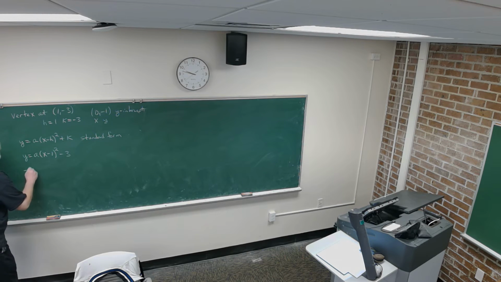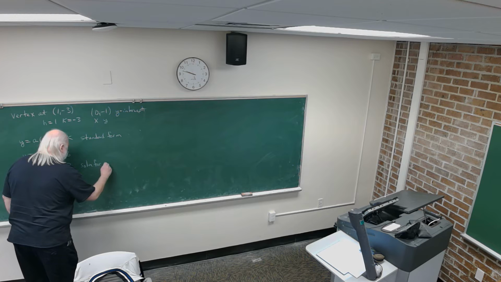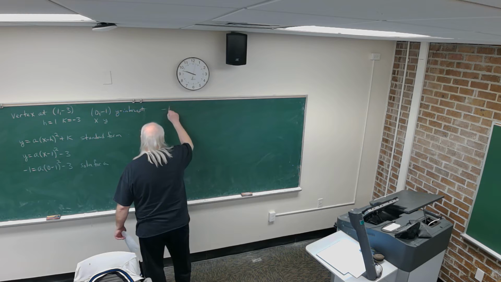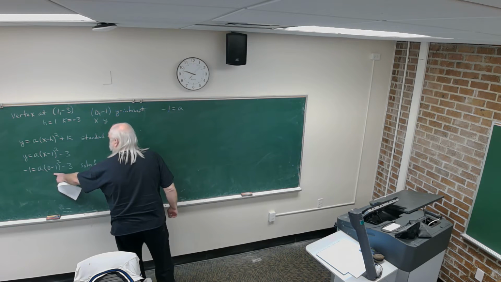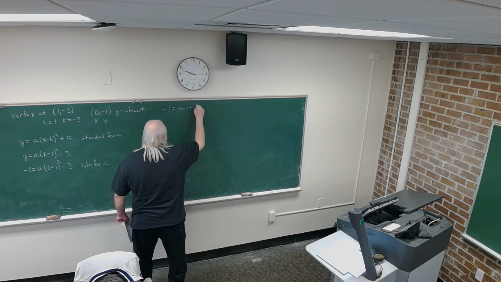So we have minus 1 is equal to a times 0 minus 1 squared minus 3. Now you guys solve for a. So on the right-hand side, in parentheses 0 minus 1 is minus 1, and minus 1 squared is plus 1. So we have a times 1, and then minus 3.